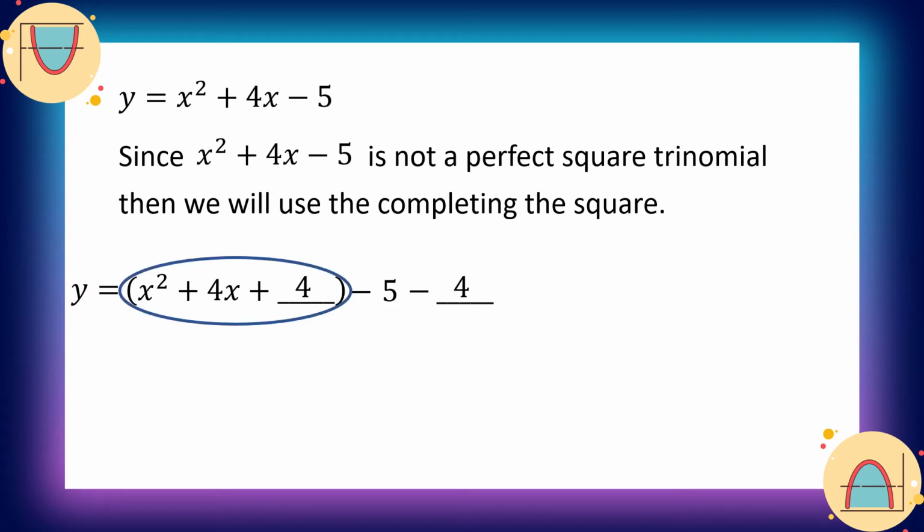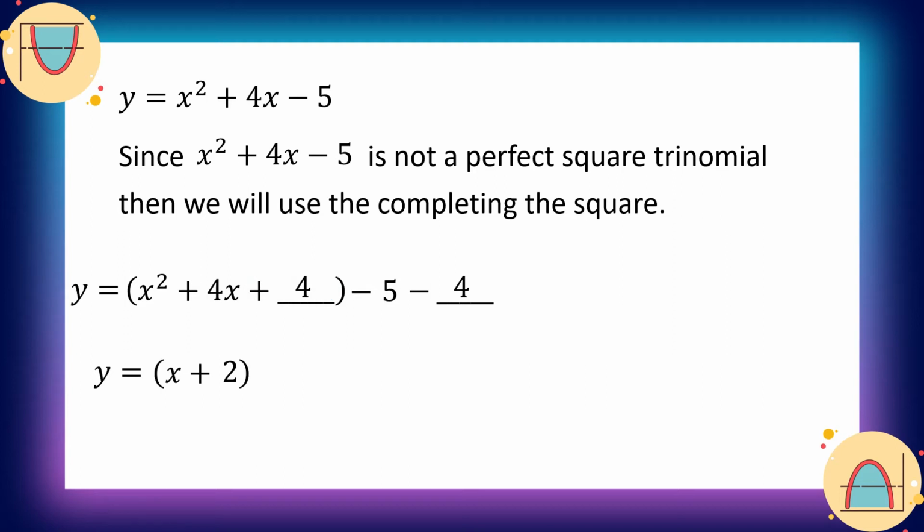We now write x squared plus 4x plus 4 in its factored form. The square root of x squared is x. Then we copy the sign of our middle term. The square root of 4 is equal to 2.